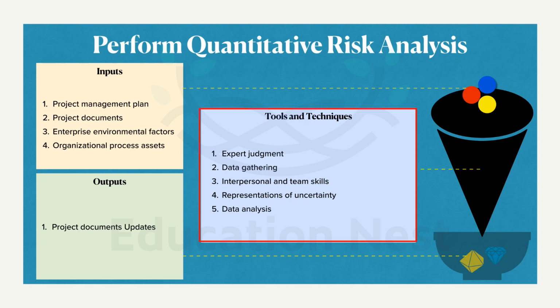Similarly, all the data gathering techniques can be used nicely. The interpersonal and team skills, the soft skills, can be used while you're gathering the data to perform this risk analysis. Then representation of uncertainty. This is again a new term. We can spend some seconds here. Every input that we gather for this analysis has an amount of uncertainty associated with it. I think we all agree there.